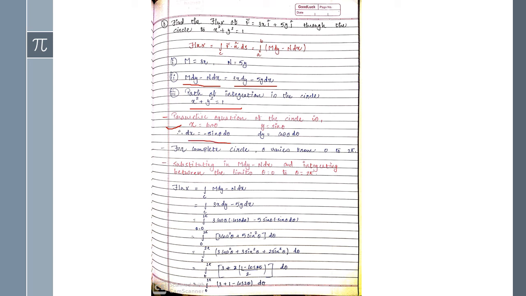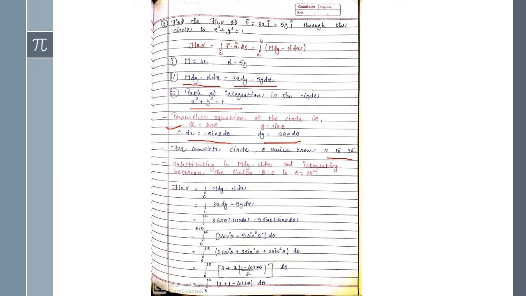Then do the differentiation of both. Also you have to write its limit. For the circle, that is the full revolution, you can write the limit 0 to 2 pi. So I have written here 0 to 2 pi, that theta varies from 0 to 2 pi.